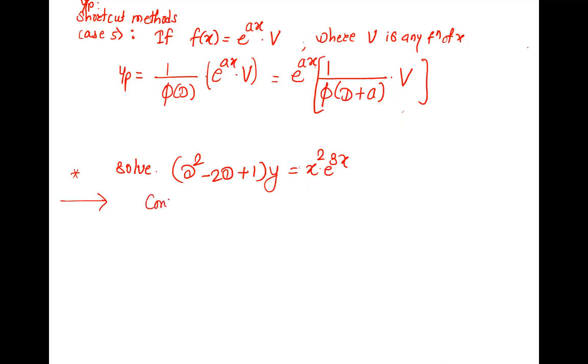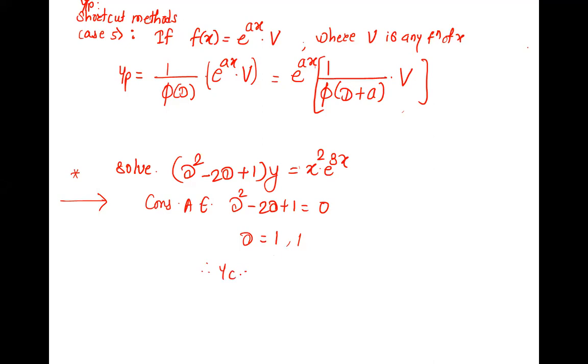Okay, so consider the auxiliary equation. Find out the roots. 1 and 1, correct. As the power is 2 and the root is 1, it is repeating 2 times.